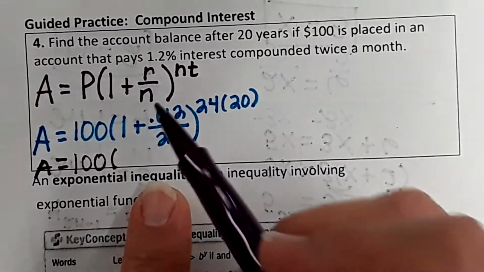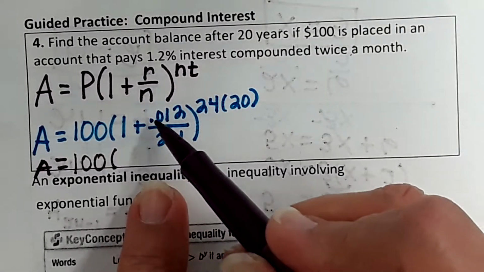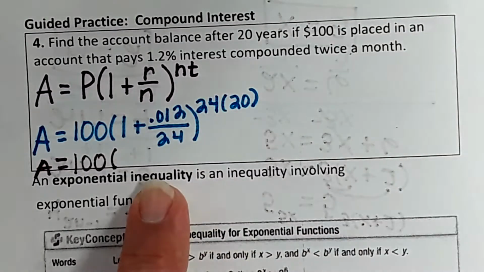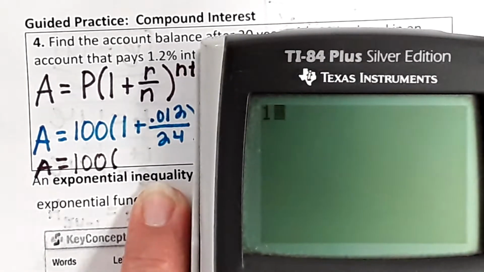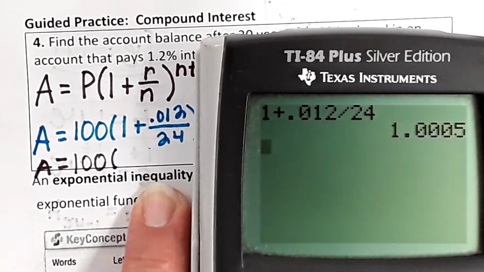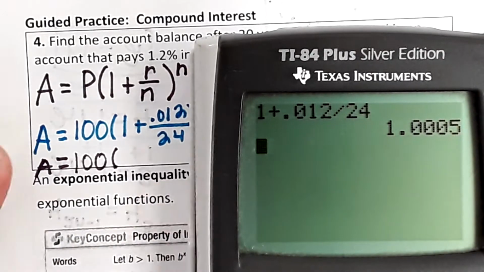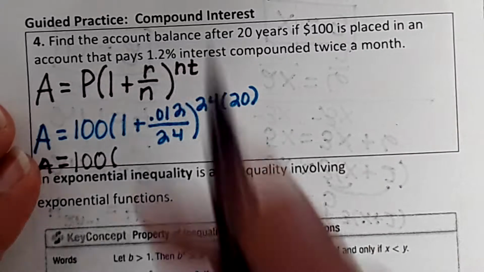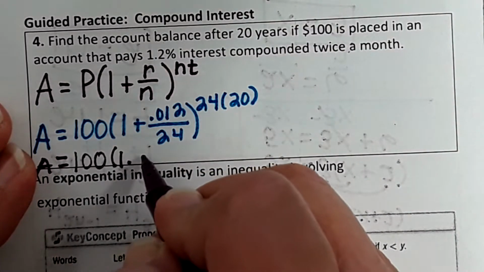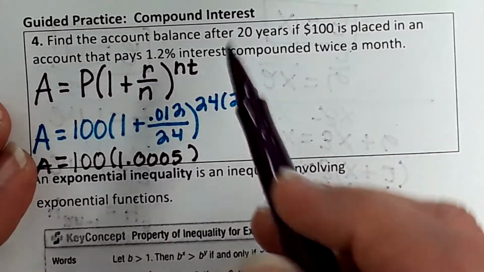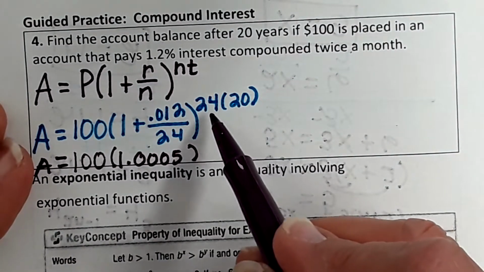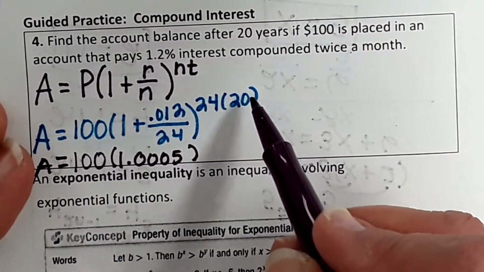I want you to put into your calculator 1 plus 0.012 divided by 24. What did you guys get? And then please put in your calculator, do 24 times 20.